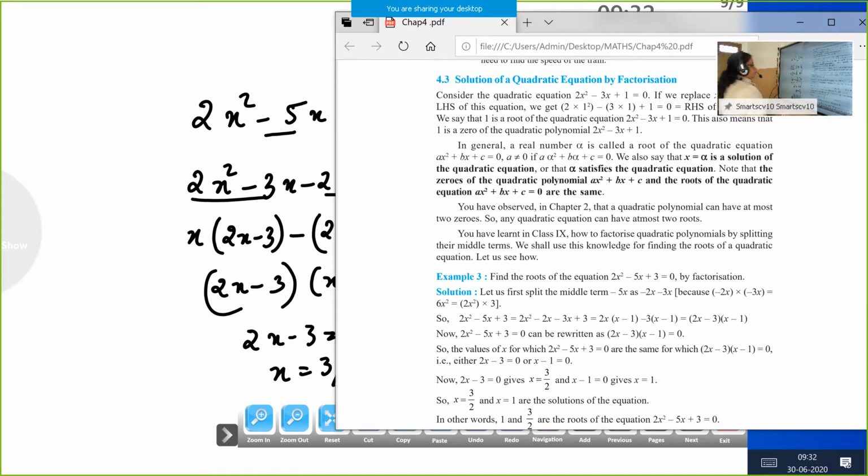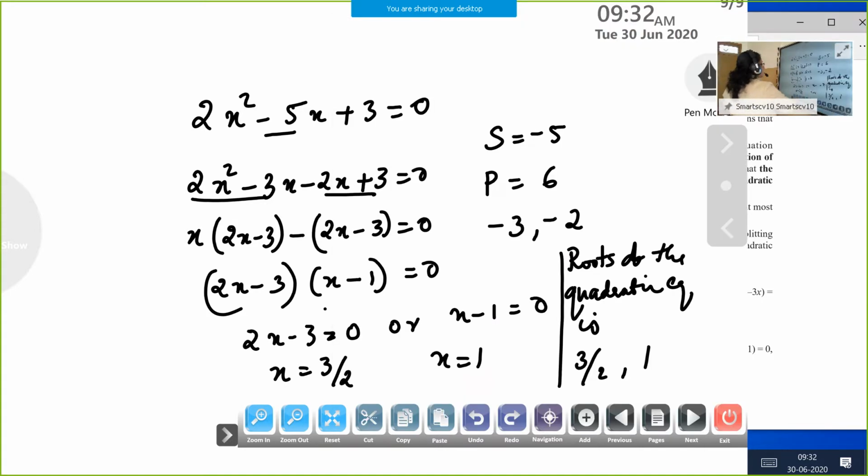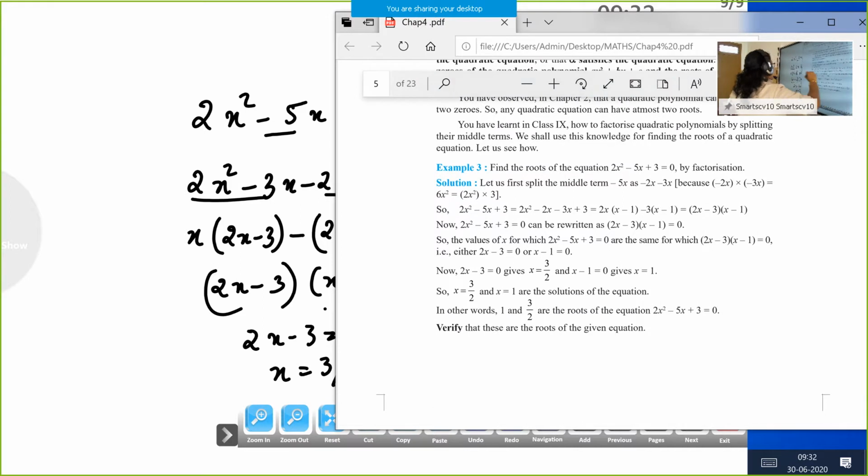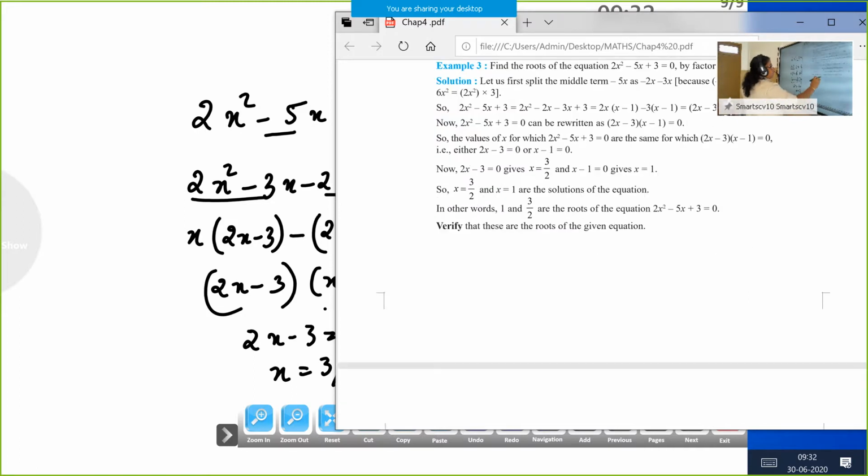Clear? Using the factorization method, splitting the middle term, we find the zeros. We can also verify these roots.